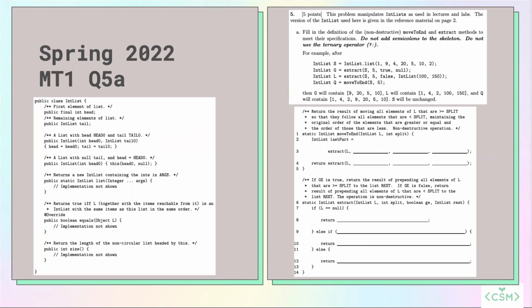There's a list, and then it says parentheses head 0. It's not a this dot. So does that operate? Great question. This is just calling the constructor, the constructor directly above it. You see public IntList head 0, tail 0, but supplying head 0 as the first argument and null as the second argument.